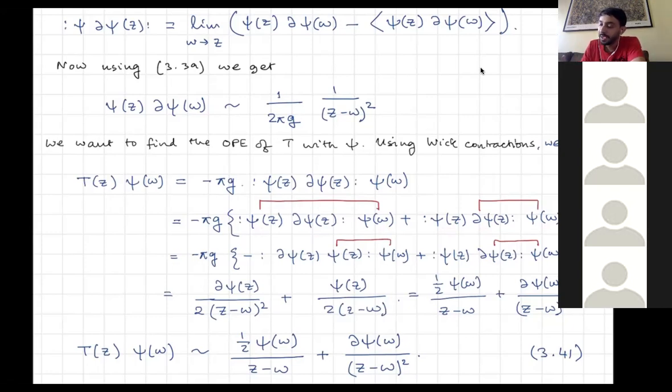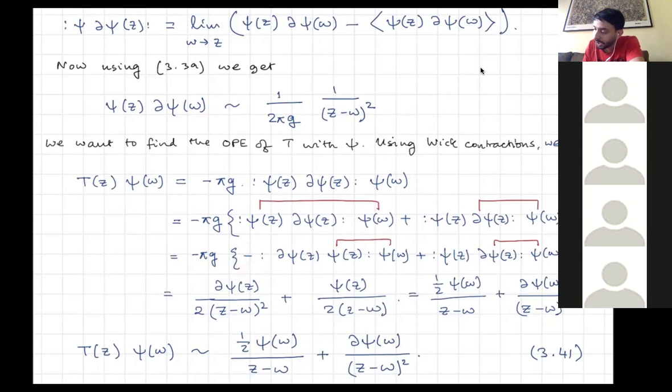Now the point is, if you want to contract two guys, you need to bring them side by side. So you need to move this del psi through the psi and onto the left. If you do that, you crucially pick up this minus sign. So you see from this step to this step, there is a minus sign that I've picked up in the first formula.